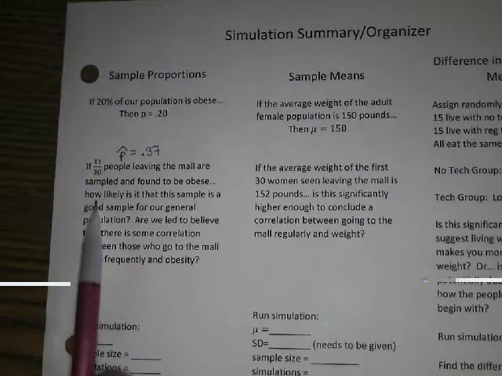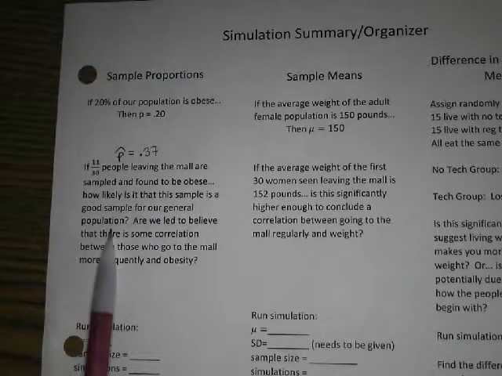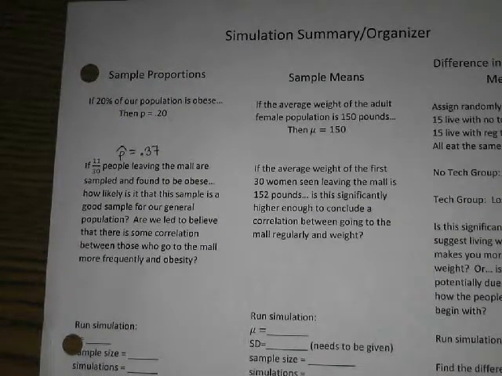So then I follow this up with, how likely is it that this sample is a good sample for our general population? Was picking the first 30 people that walk out of a mall random enough? We can all debate the degree of it, if it was random enough.